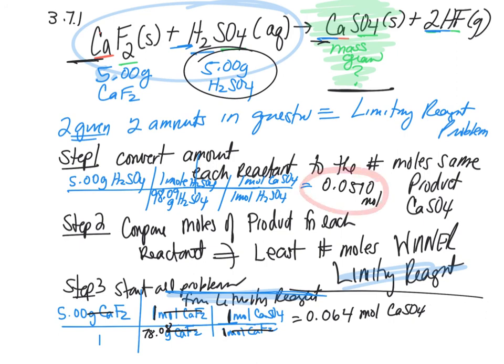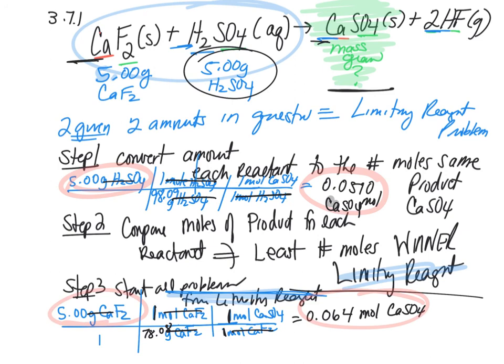So now I'm comparing this number that came from sulfuric acid. I'm comparing this number, so this is moles of calcium sulfate, because these canceled out. And I'm comparing this number that came from calcium fluoride.